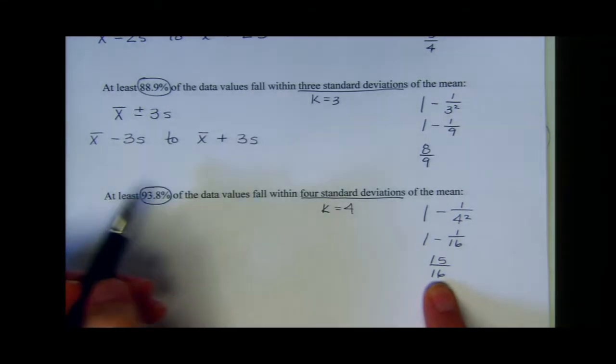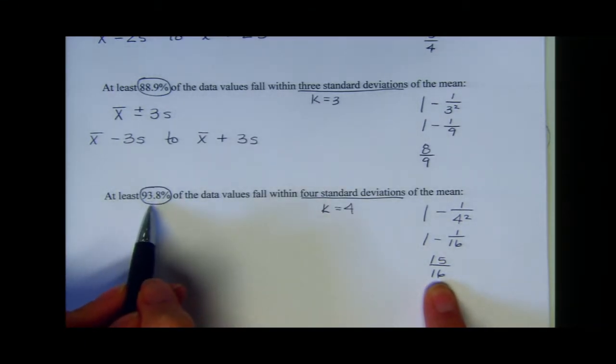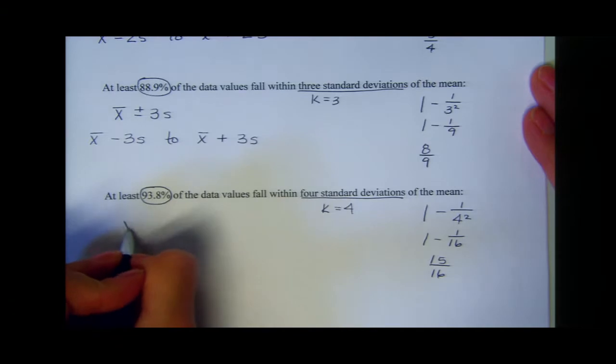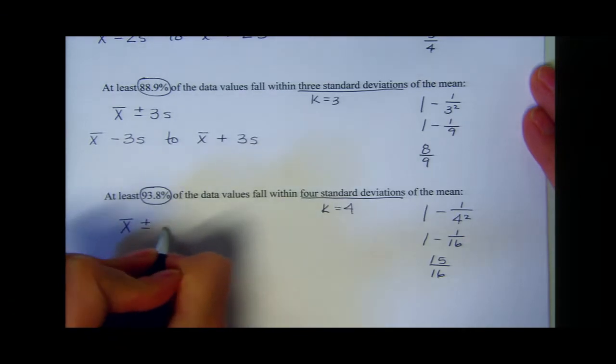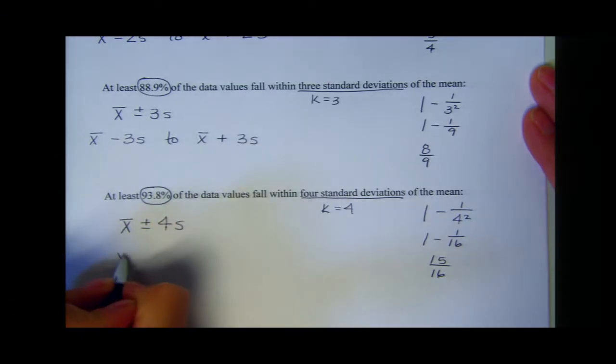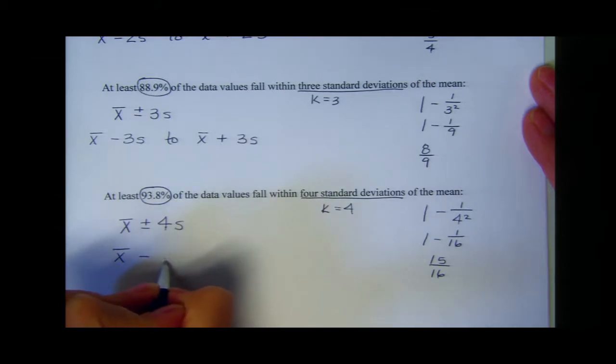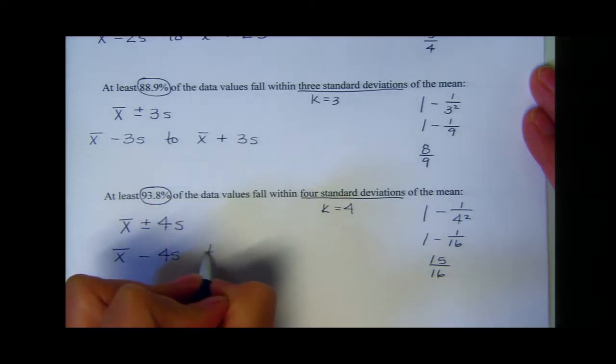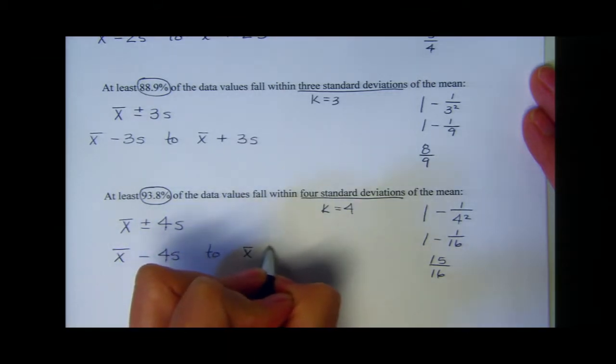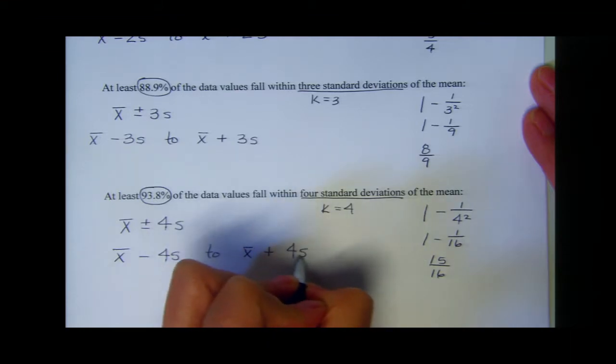And if you would go to your calculator and do 15 divided by 16, you're going to get 93.8%. Or it might sometimes state approximately 94%, but what you need to remember is then it is within 4 standard deviations, which would be x bar minus 4 times s and x bar plus 4 times s.